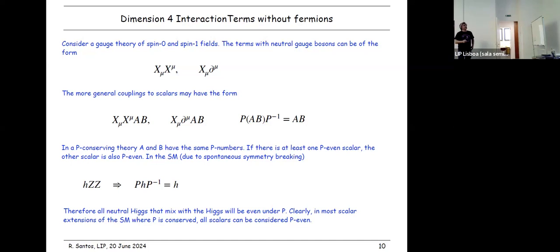That's why this here has dimension 2, and this here has dimension 2 as well. And so if you want the more general thing, you can write this kind of terms, and this means that the parity of the Higgs boson is 1.